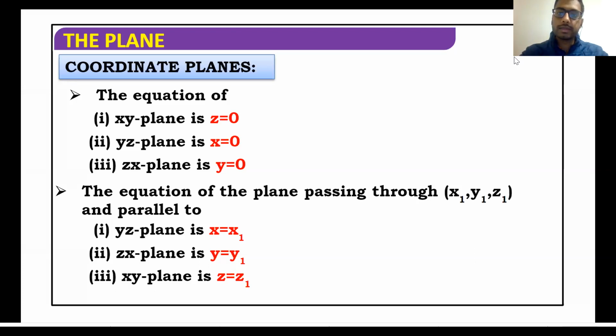Do you guys have any doubt in this particular question or the formulas that we have seen until now? Any particular formula that needs more explanation from your side? No doubts. Perfect.